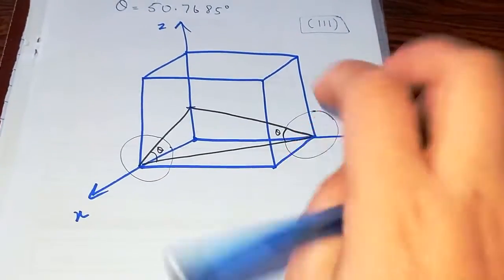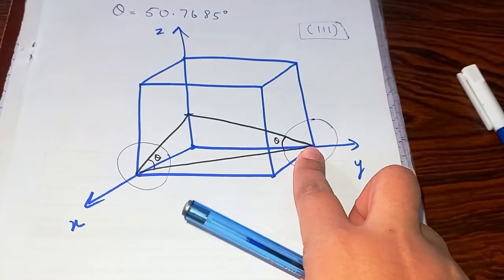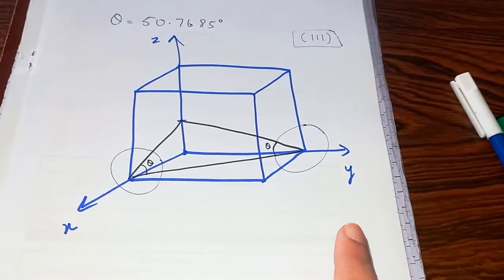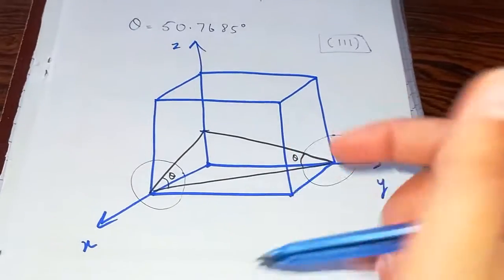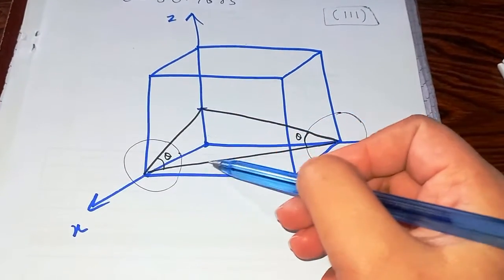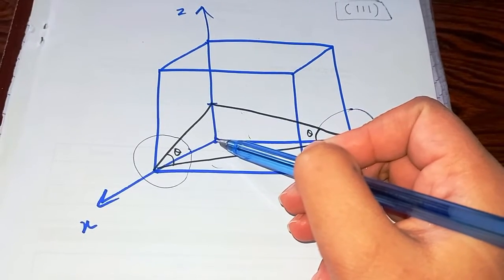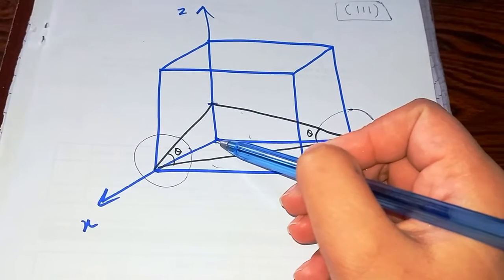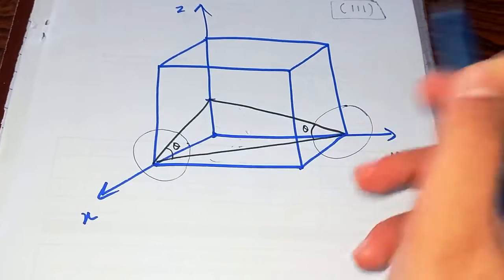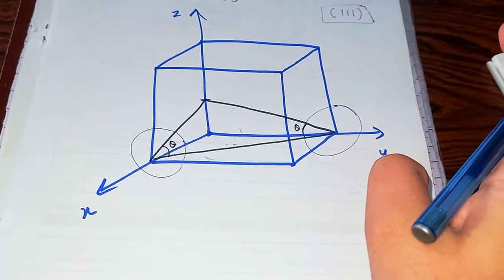So we'll consider only these two atoms' contribution to the plane and none of the other atoms are lying on this plane. And we have seen why this atom is not included, because this atom's center is at this corner point and there is no chance that this plane passes through this center point.